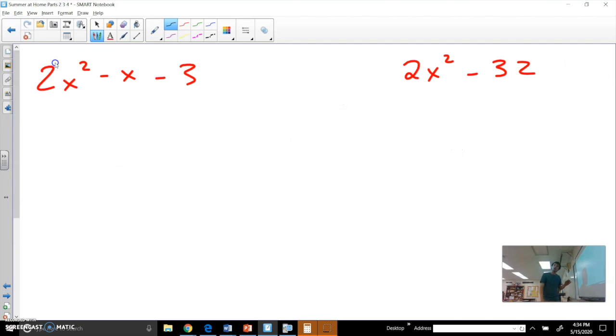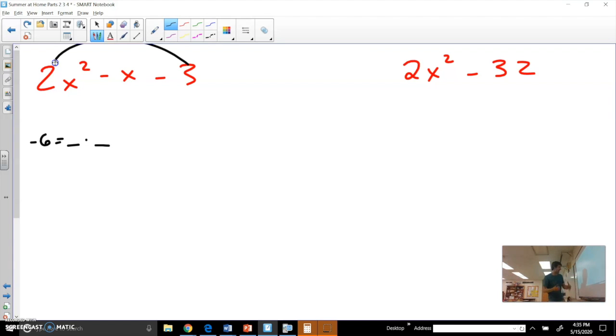A similar problem on the left doesn't have a greatest common factor either. They don't all have x or anything like that. This is where you would go through a similar process, but you would need to start by multiplying your a and your c terms together. 2 and negative 3 multiply to be negative 6. Now I'm looking at the middle value, which looks like a negative 1 for b.